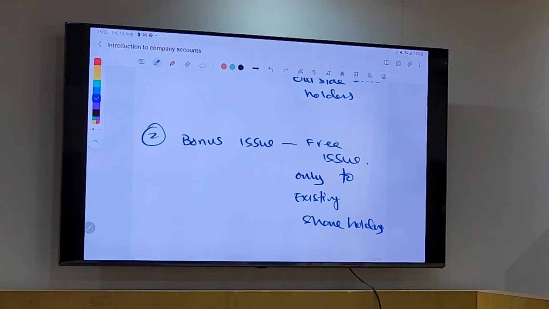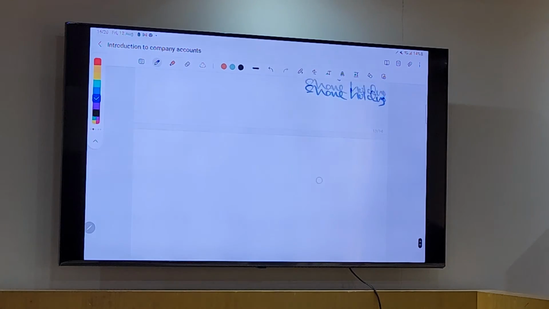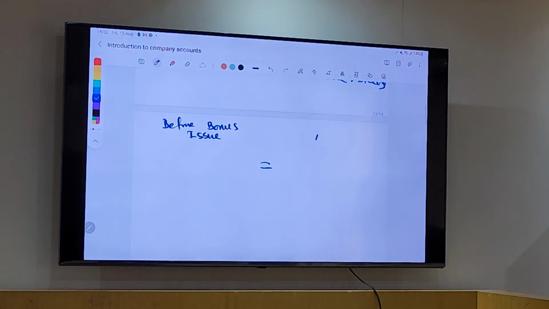Now, then we need to think about the double entry. Remember that in bonus issue, do we get any cash receiving or any other net increase or decrease in the resources?